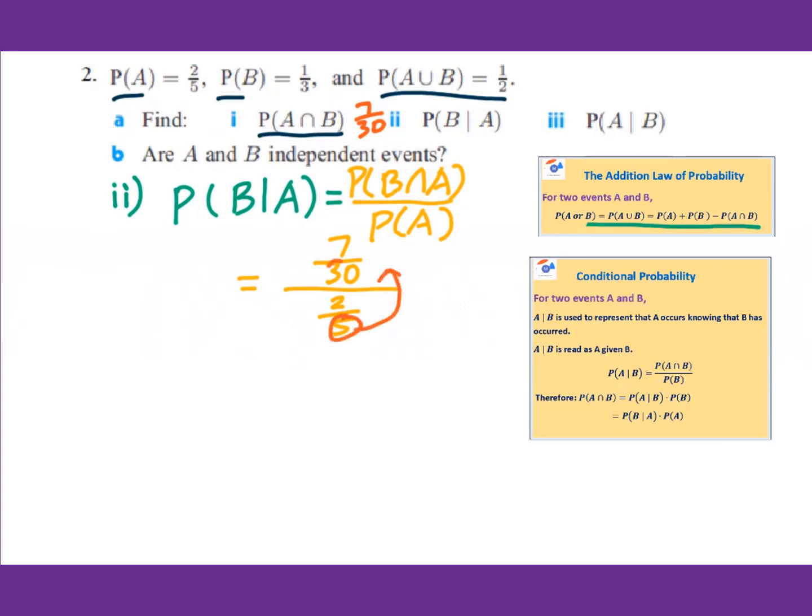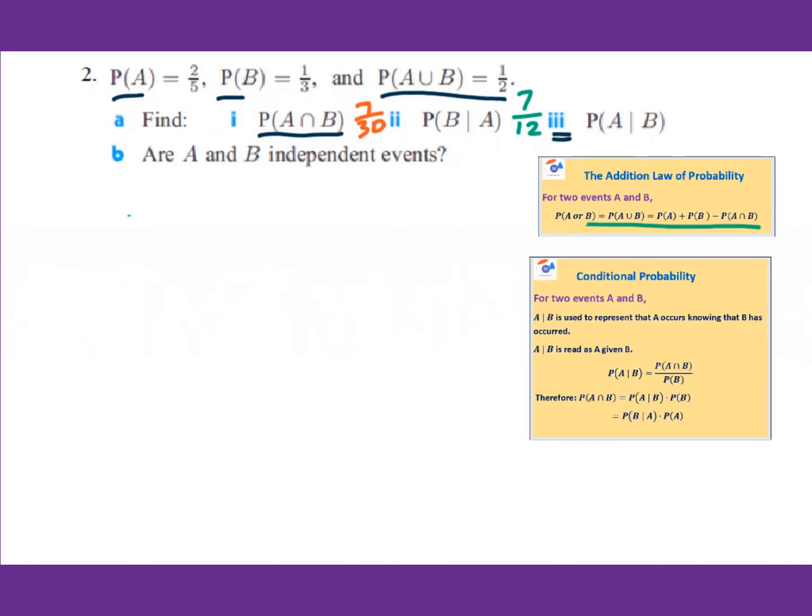Denominator jump. So you get 7 times 5, the denominator will be 30 times 2. Reduce by 5, here's 6. So we have 7 over 12. For the third one, we are looking for the probability of A given B.